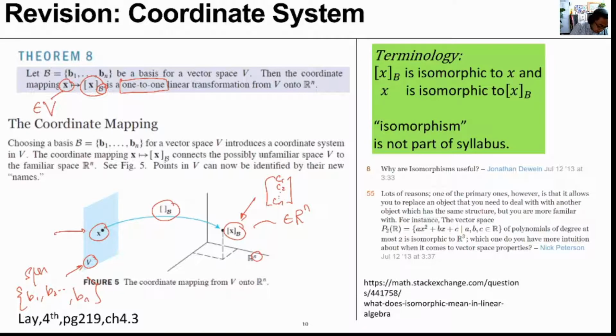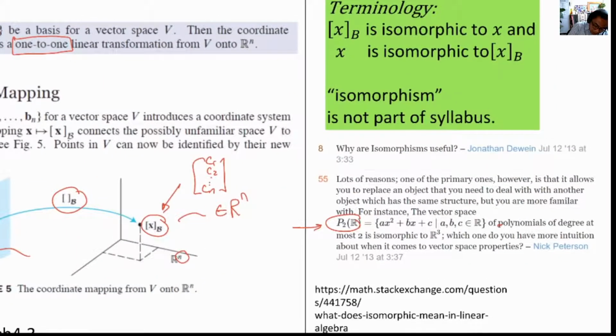So what can V possibly be? Remember that V is a vector space, and anything that satisfies the axioms is a vector space. One example of a vector space is P2, polynomials of degree at most 2.